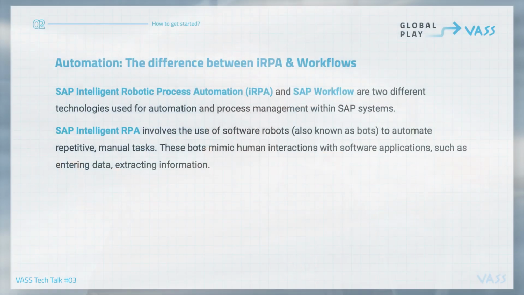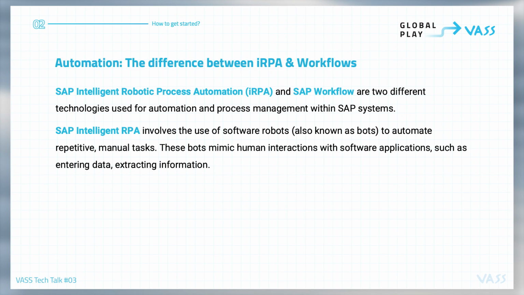IRPA means you have a repetitive task someone needs to do manually on the computer where you have no API connection. You only have, for instance, a user interface, where, of course, it is very difficult to do something on it. With the bots, you can record what clicks you do, where you enter something, and automate this process.